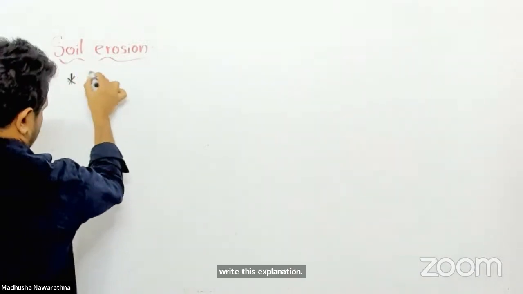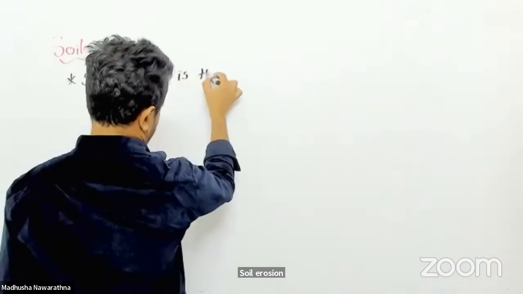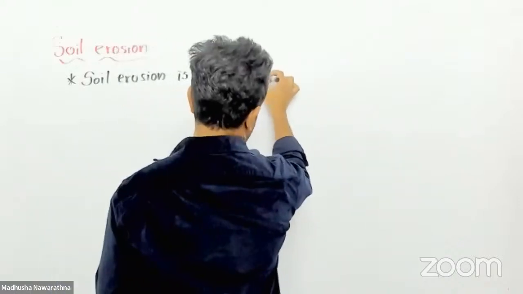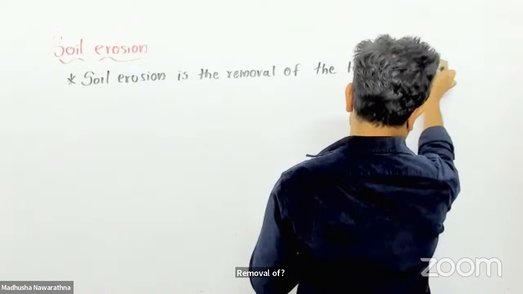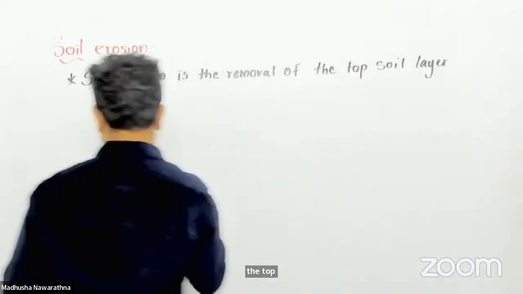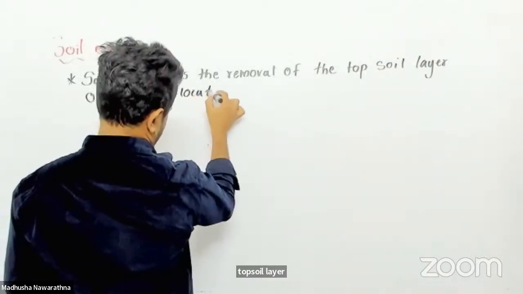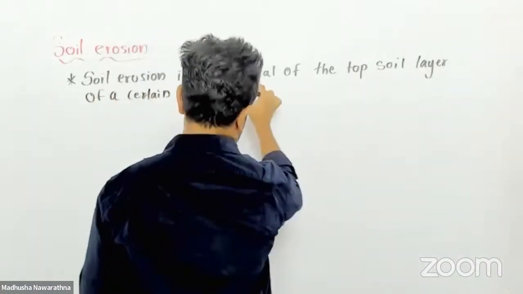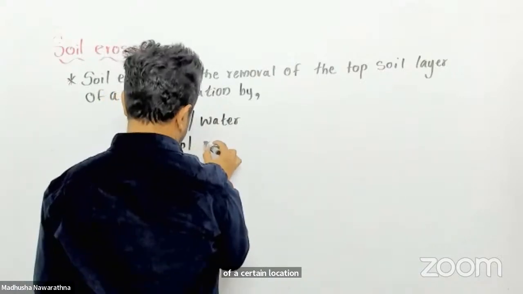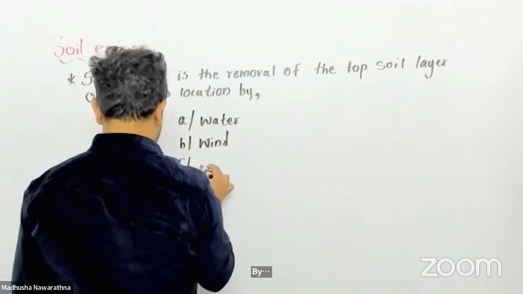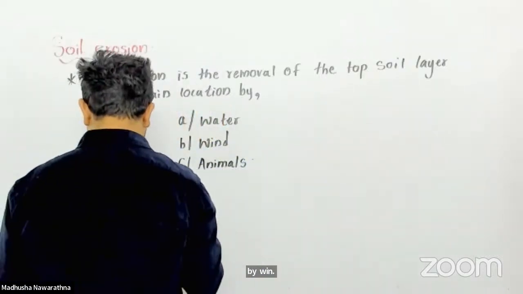Soil erosion is the removal of the topsoil layer of a certain location by water, by wind, and by animals.